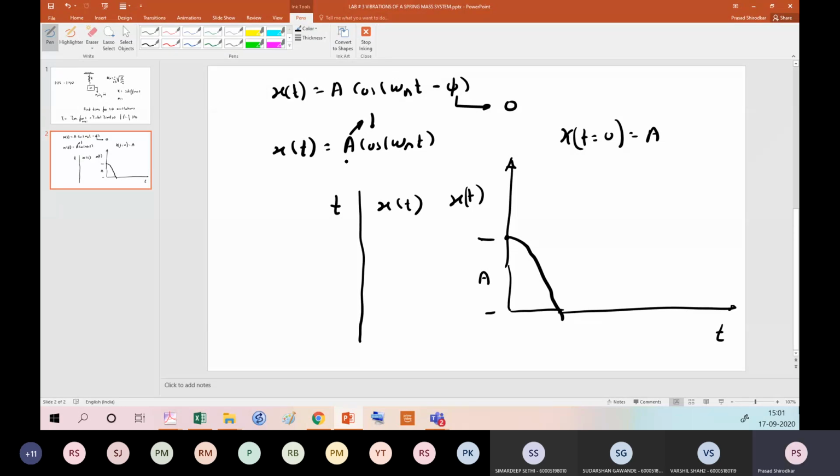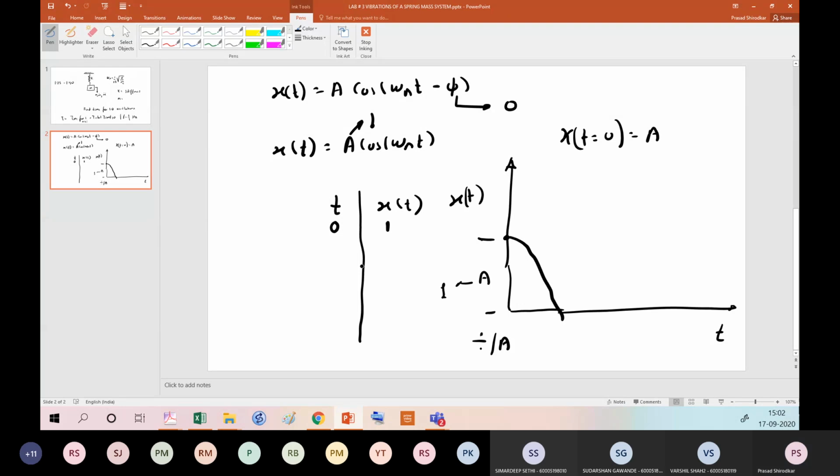We are going to scale this graph by A, dividing the entire values on this graph by A. So at t equal to 0, displacement should be 1.